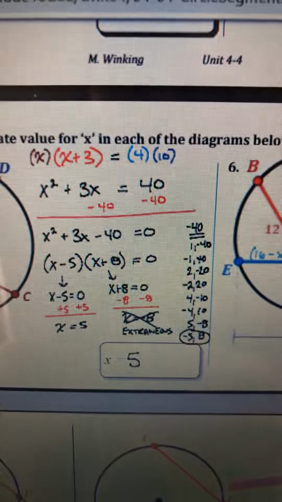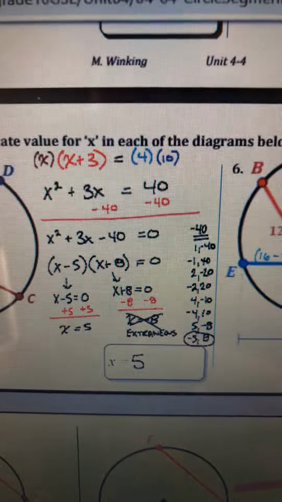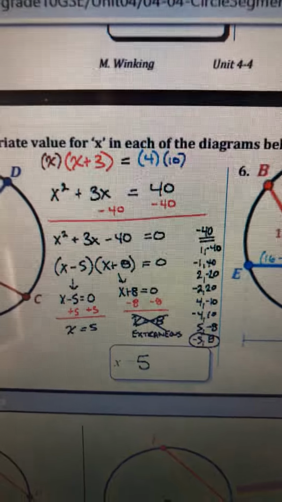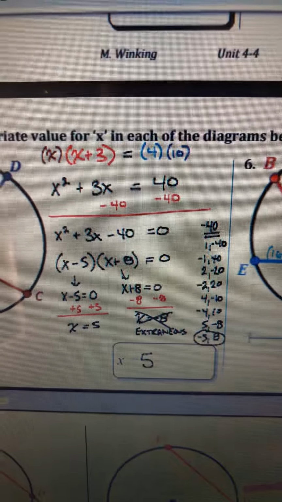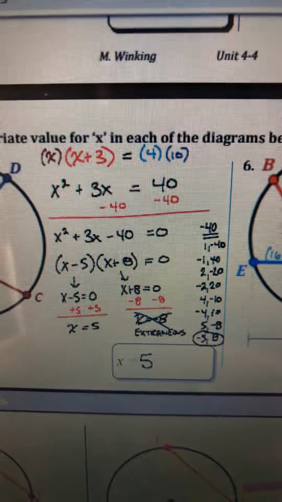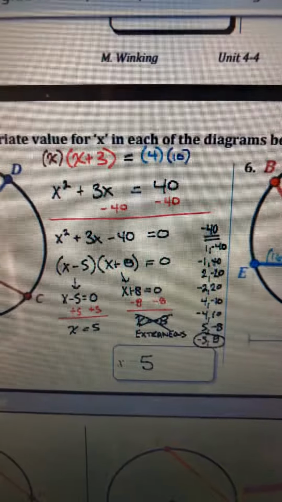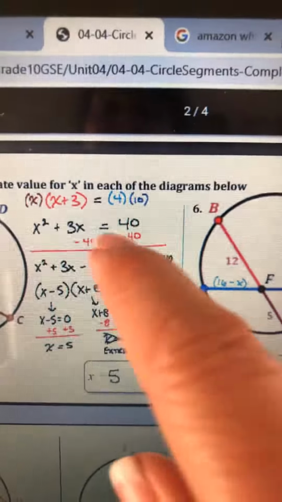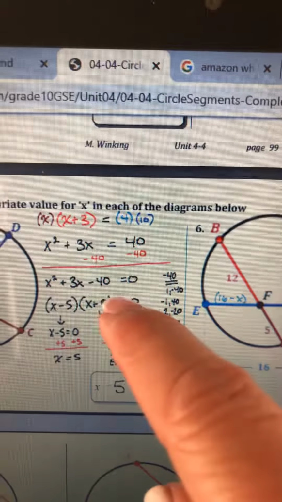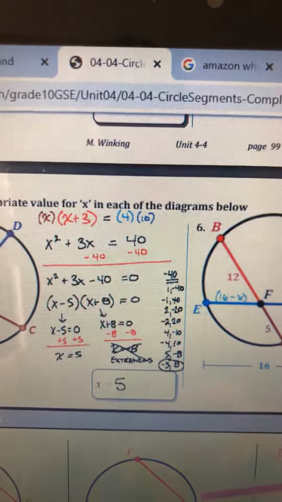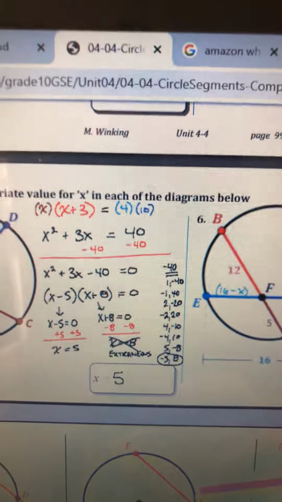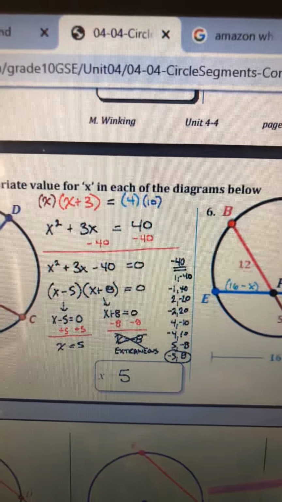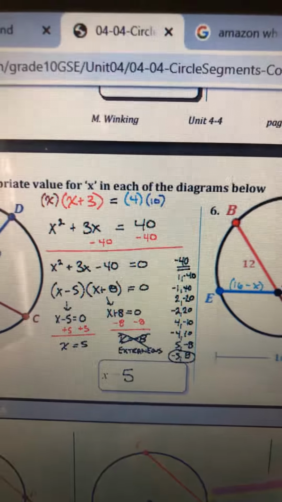Now you've got to pull back to Unit 3 of Algebra 1 to remember how to do this. We're going to solve this by factoring, which means we have to make the equation equal 0, and we accomplish that by subtracting 40 from both sides. Now we have x squared plus 3x minus 40 equals 0. I see my sign is a negative, so I'm going to need a negative and a positive.